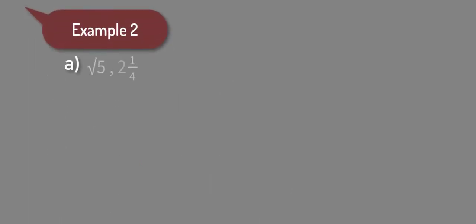Now with example 2, we're asked to order the numbers that we're given. So with part A, we're given the square root of 5 and 2 1/4.